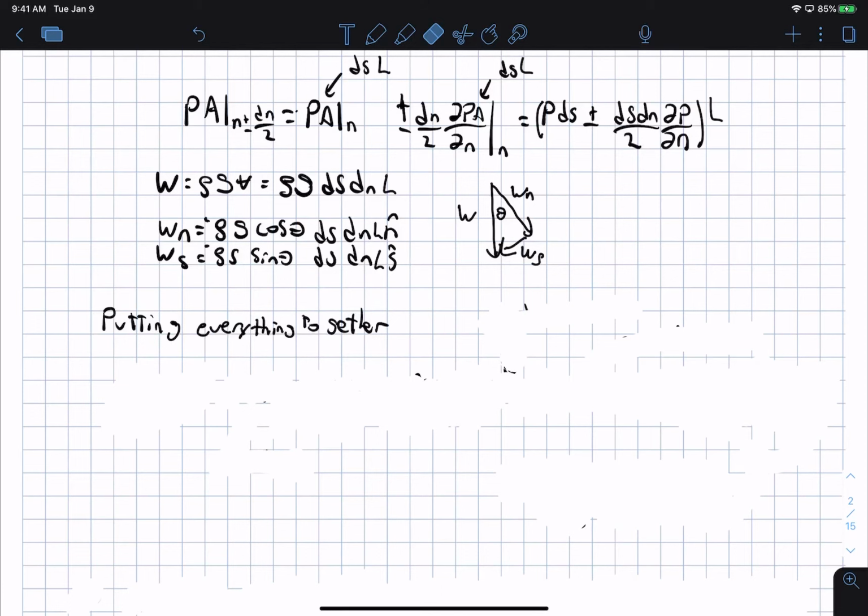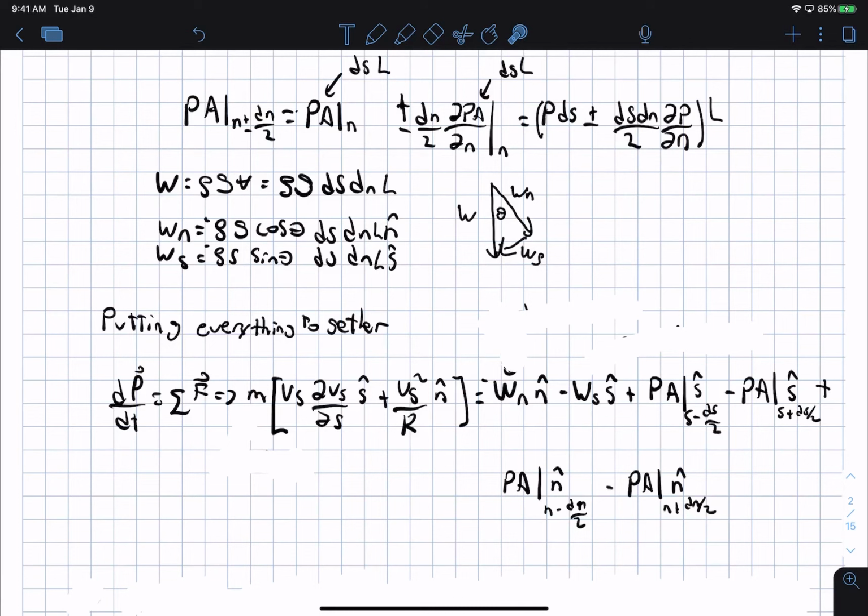So we put everything together, and we started with dp dt is equal to the sum of the forces. And we know what dp dt is. Because mass was constant, we could basically pull that out. So that's just mass times dv dt, which we computed to be this term here, plus the weights, plus all the pressure forces acting on the sides of the fluid element.